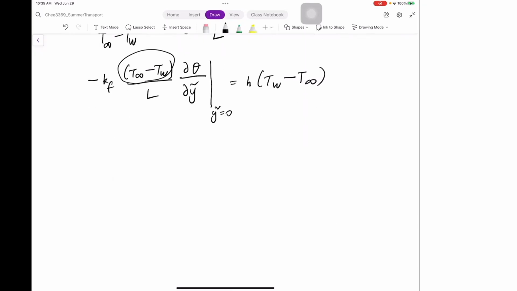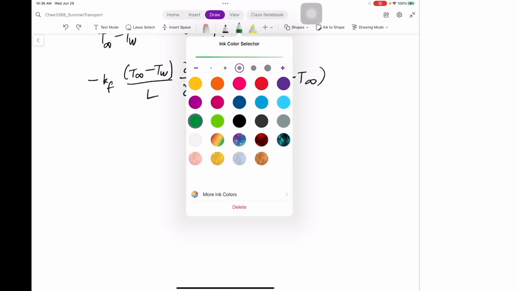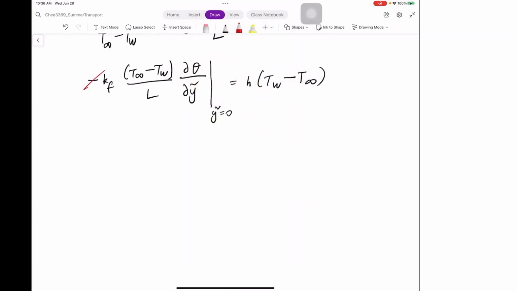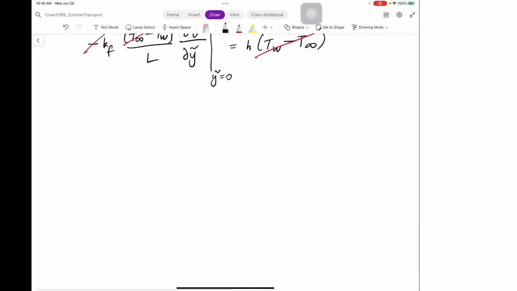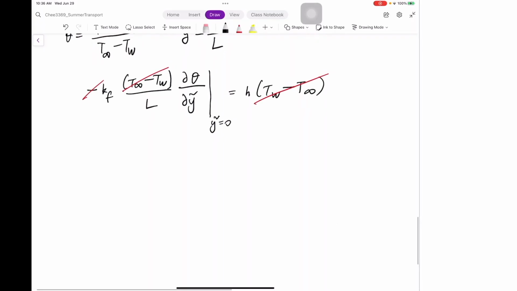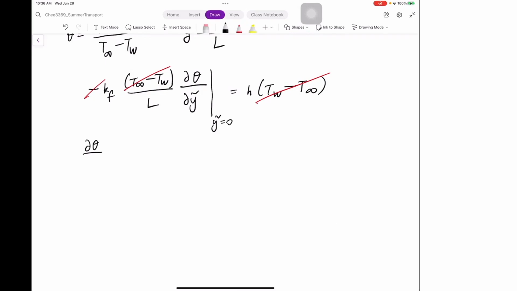The minus sign times this thing is exactly the same as this thing, so let's cancel them. And you come up with the following: del theta over del y tilde is equal to hL over kf.